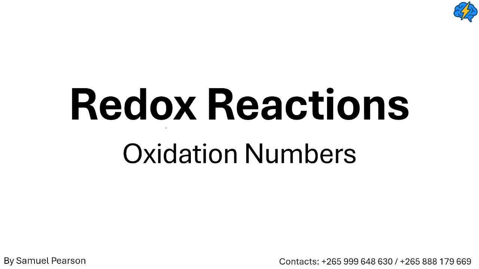So this is lesson number 2 on the topic of redox reactions. In the previous lesson, we discussed the definitions of oxidation, reduction, and redox reactions. In this lesson, we are going to focus on oxidation numbers.